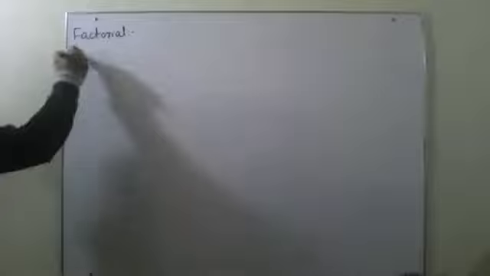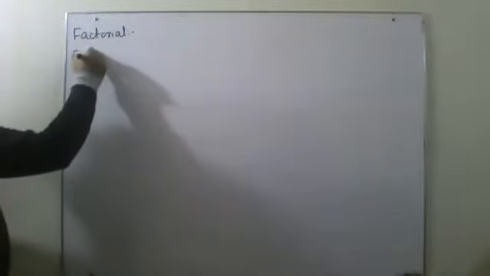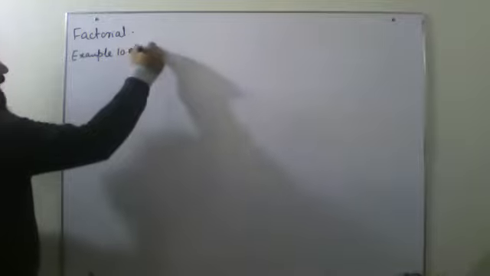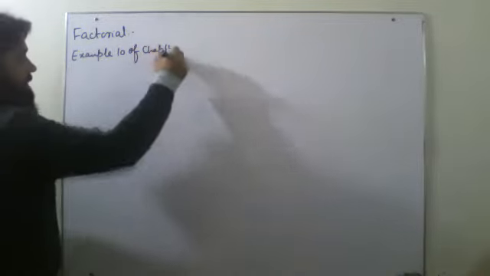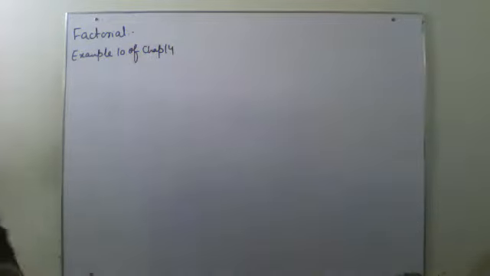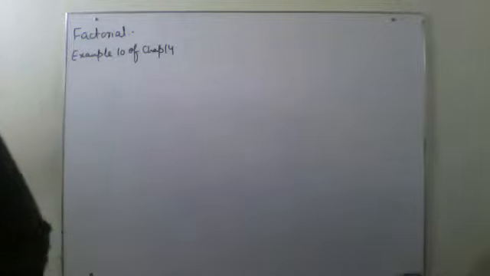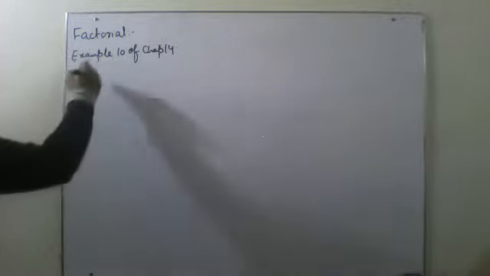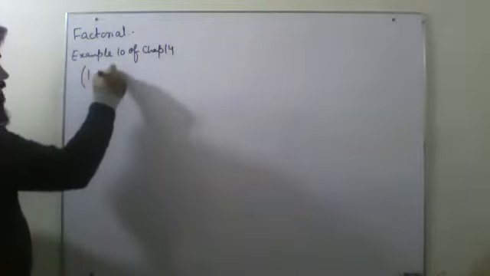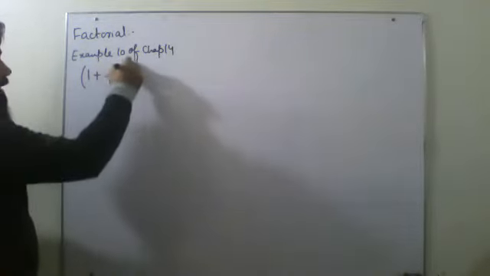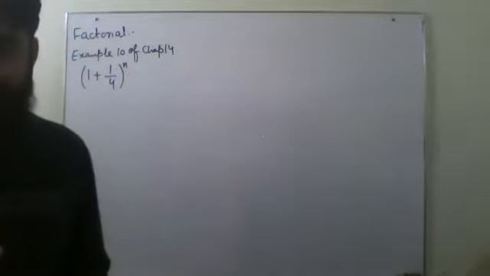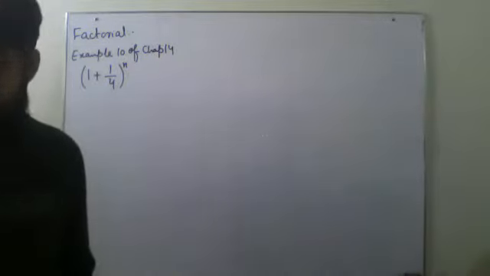Now, example number 10 of chapter number 14. The example says that in (1 + 1/4) to the power n, this is a bracket given to us which I have to expand.